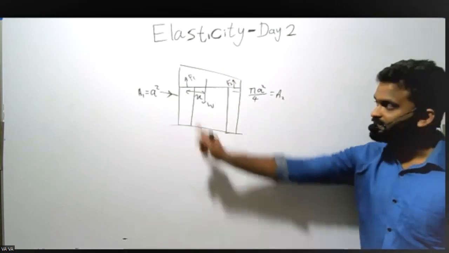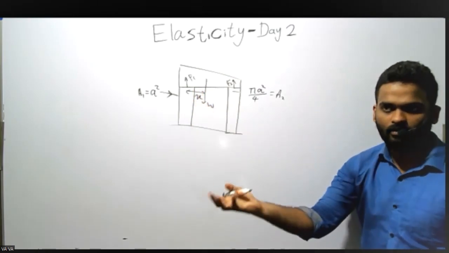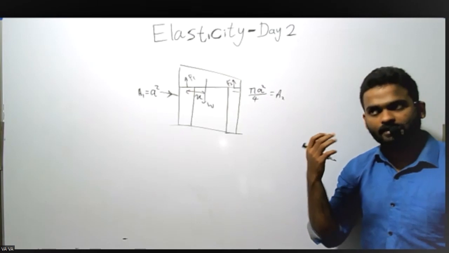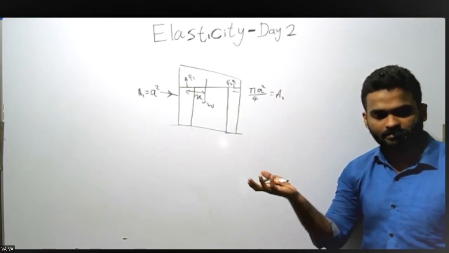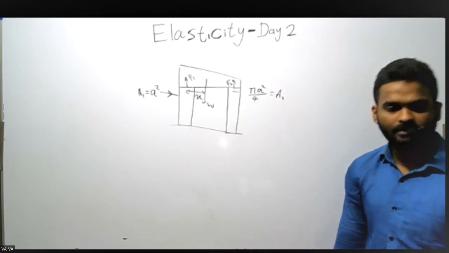So what they ask is this X. What did I tell you? Whenever they ask for a length involving forces, you always have to go for moments. Force times perpendicular distance.